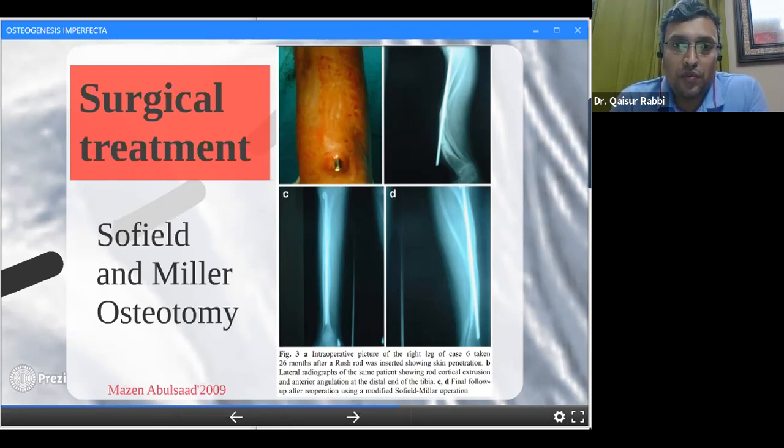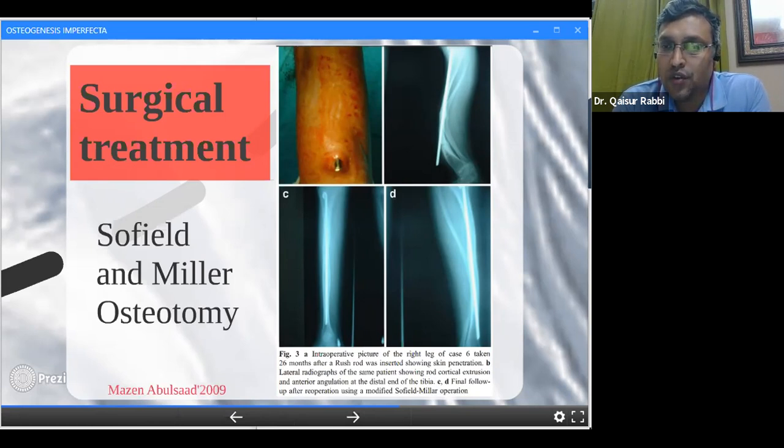One of the most used methods in surgical treatment is the Sofield-Miller osteotomy. Here, we can go for retrograde or antegrade intramedullary nailing, and when the nail crosses the cora, then we need to go for an osteotomy there.